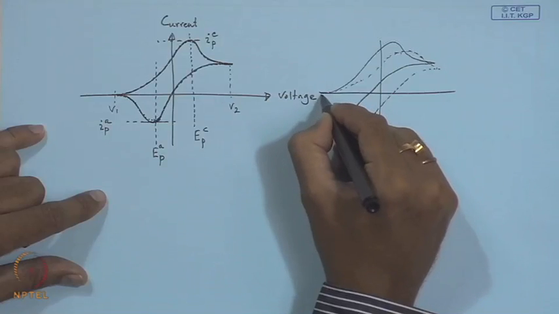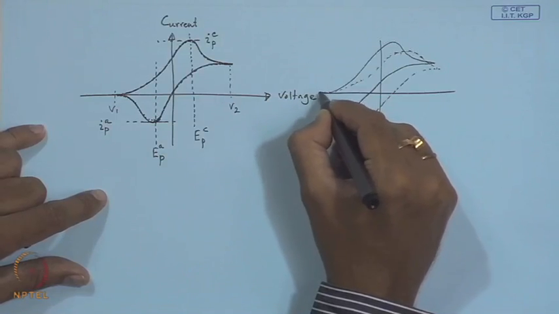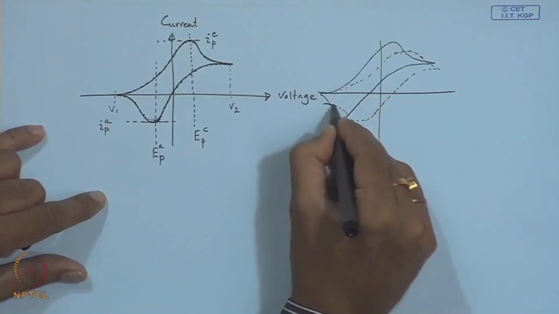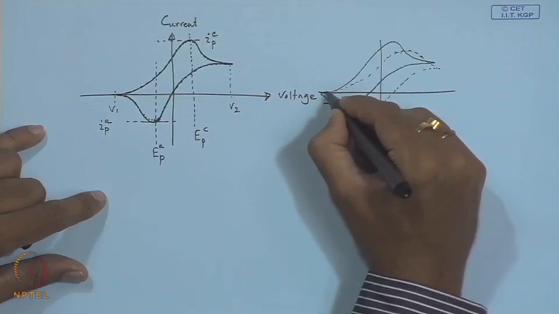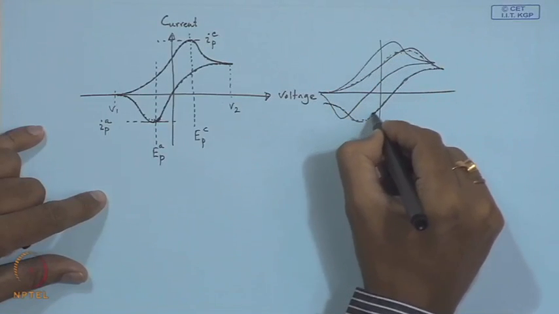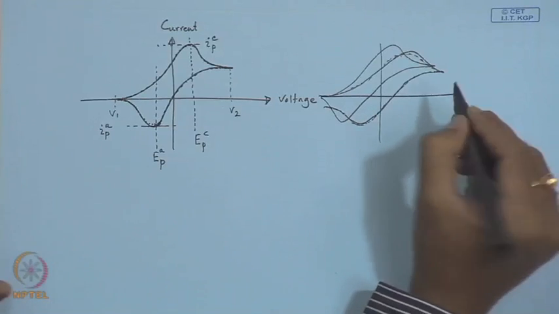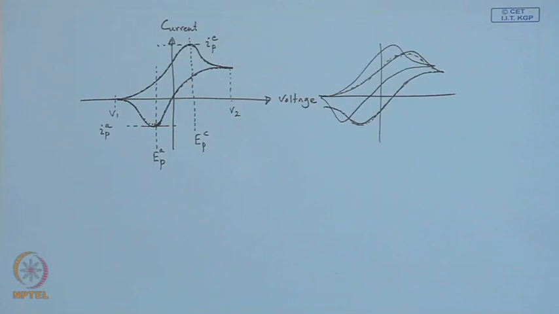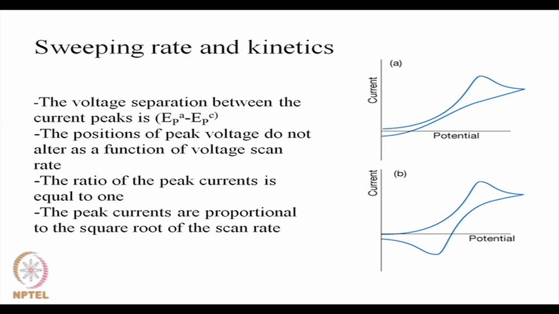Here you see it is just like a perfect hysteresis kind of thing, but that may not be observed. So, that is the signature of irreversibility. These are the points that one should carefully look into while considering this current potential diagram for voltammetric studies.